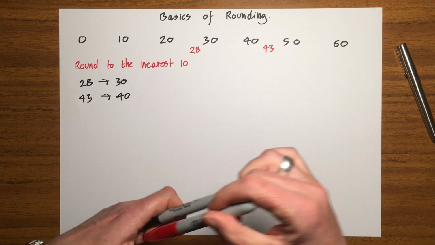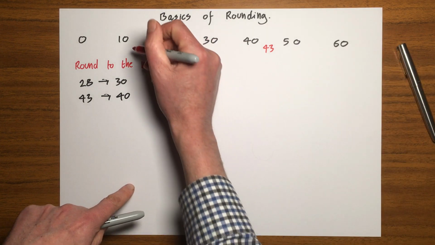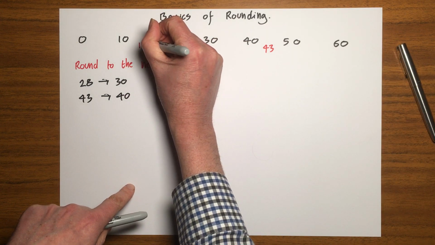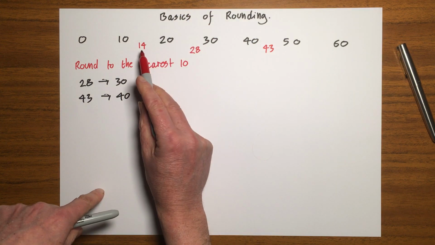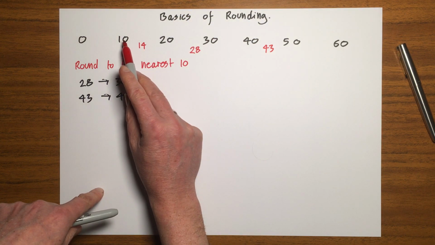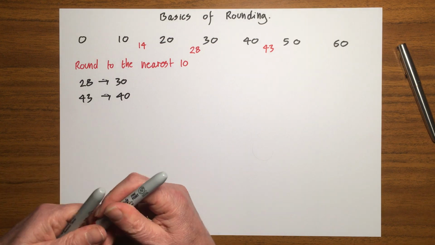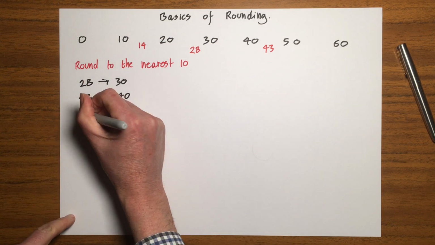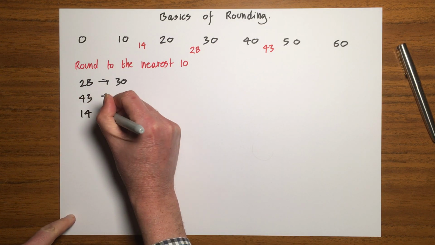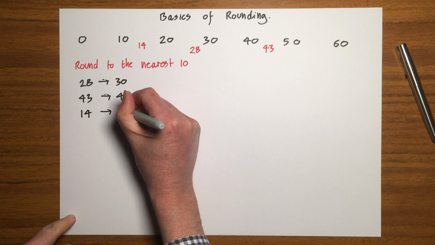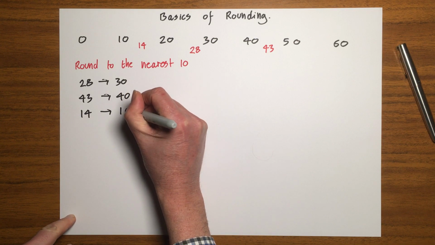And it works like this. If I've got 14, for example, which would go here. As you can see, 14 is closer to 10 than it is 20. So 14 will round to the nearest 10, will round to 10.